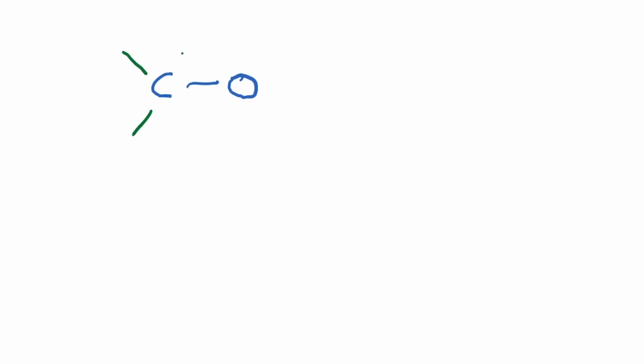We saw that the pi orbital was skewed towards oxygen, looking something like this. This is the occupied pi orbital, so this would be considered the highest occupied molecular orbital.